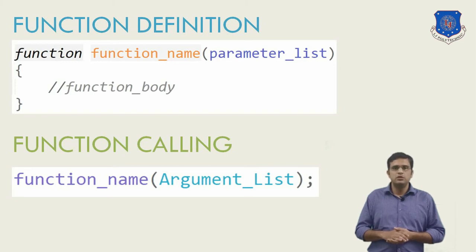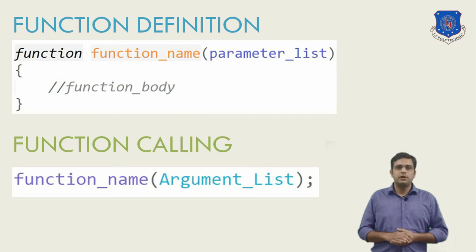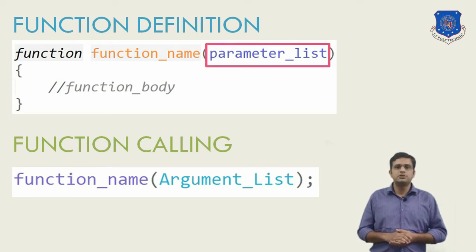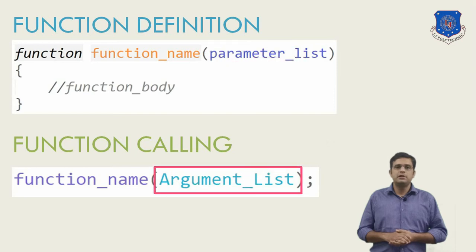This way, you can execute the code inside the function body as many times as you want. One more interesting point to be discussed here is the difference between parameter and argument. The parameter is the list shown in brackets after the function name in the function definition, while arguments are actual values passed while calling the function.